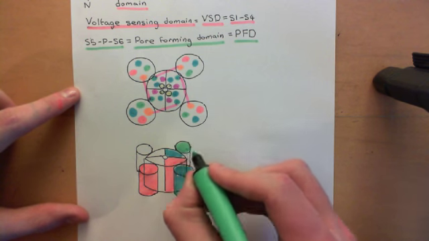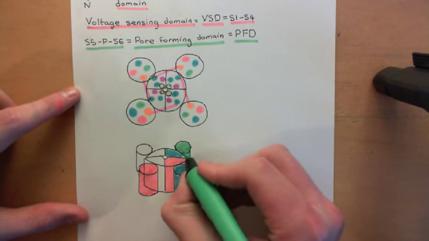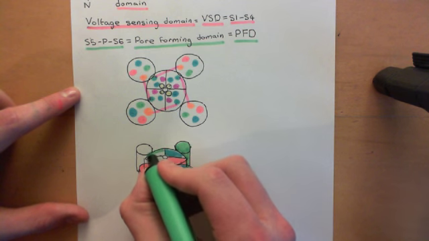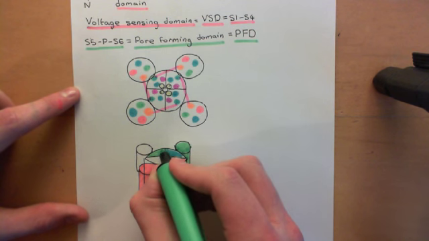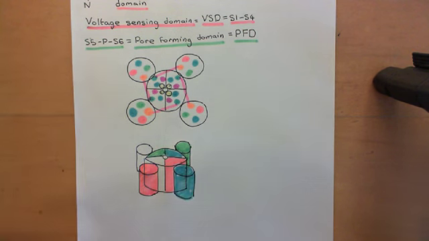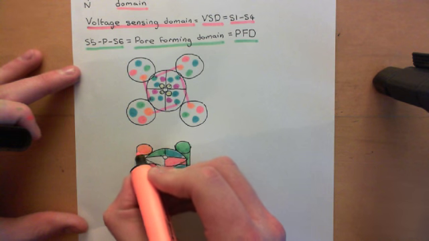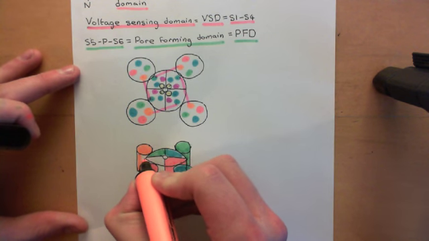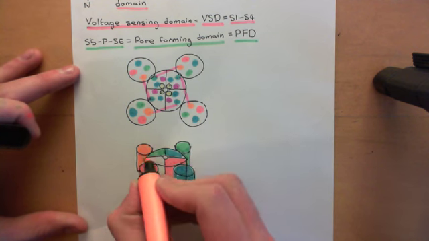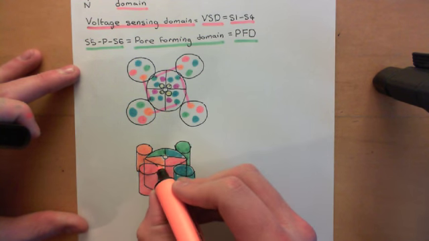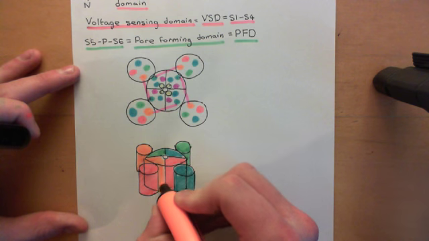So we'll have this voltage sensing domain at the back here in green, and it corresponds to this pore-forming domain again at the back there. And then the final one here will have this voltage sensing domain in orange, and its pore-forming domain is this one at the front here, which I'll also colour in orange.